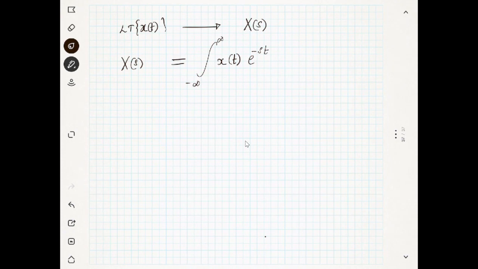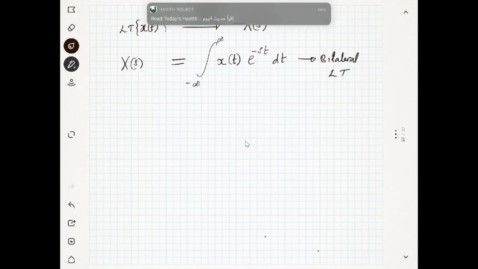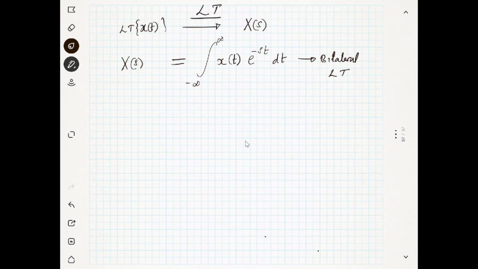This is your Laplace transform, and it will be a function of s. This is known as the bilateral Laplace transform. Have you heard about this bilateral?